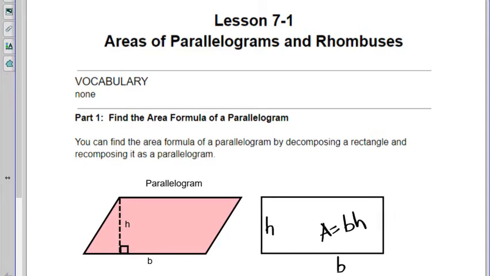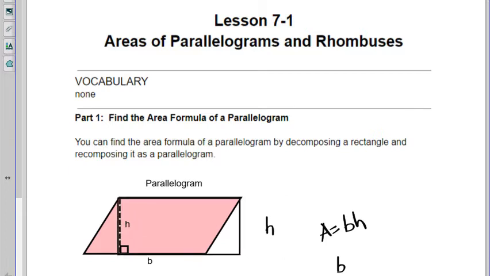If I take this and I bring it over to here, on top of my parallelogram, you'll notice that I can decompose that parallelogram and come up with a rectangle. In other words, I could take this triangle right here, and I could cut it off and attach it to the other side, and I get that rectangle that I had before.